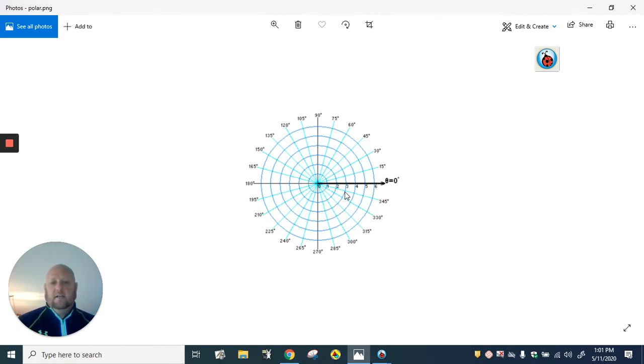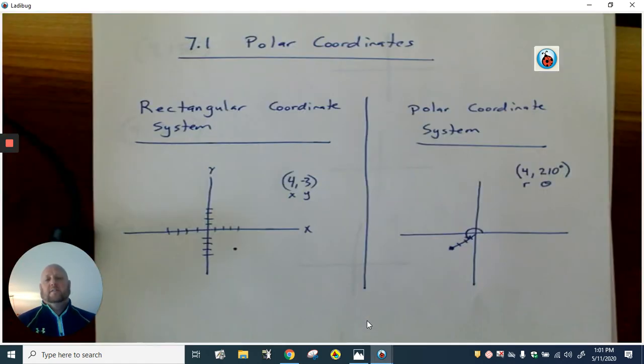So that's the same idea. We go out to 210 degrees, so we're on this line right here, and then we just count out 1, 2, 3, 4. So the polar point (4, 210°) would be right there, right where my mouse is located right now. So it's just another way to describe how to get to points.